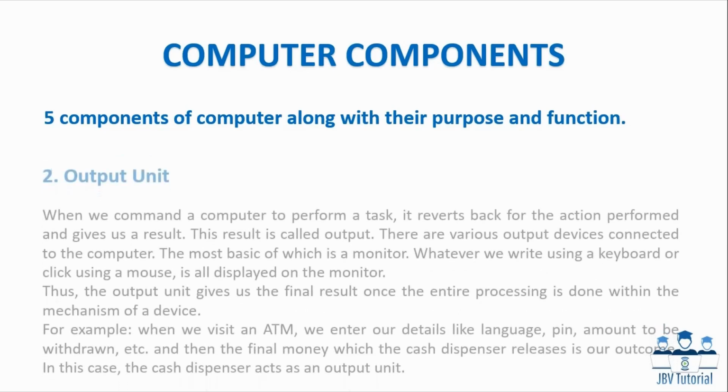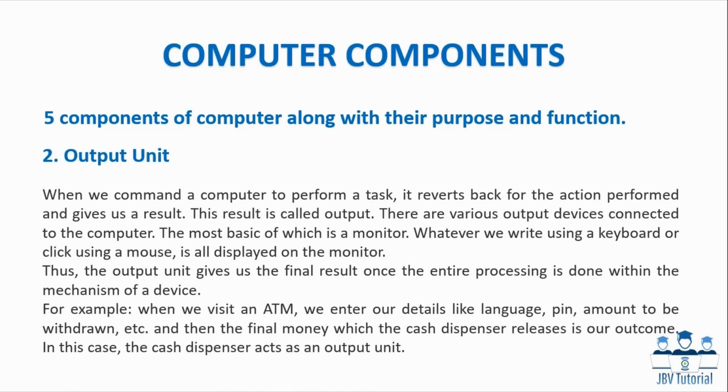2. Output unit. When we command a computer to perform a task, it reverts back for the action performed and gives us a result. This result is called output. There are various output devices connected to the computer, the most basic of which is a monitor. Whatever we write using a keyboard or click using a mouse is all displayed on the monitor.